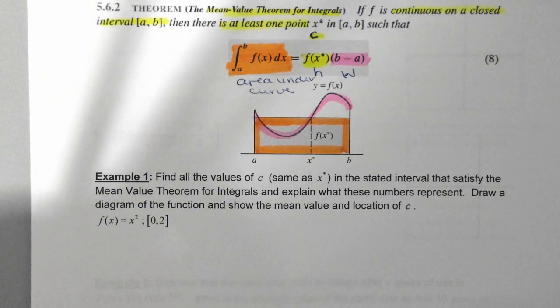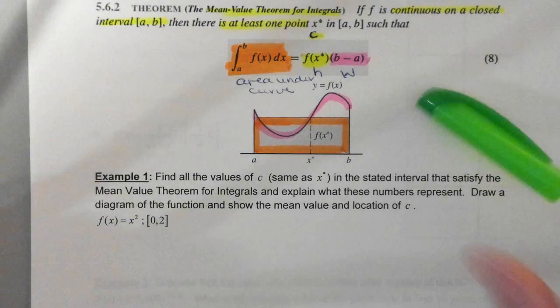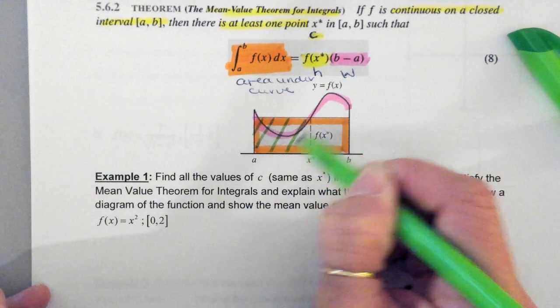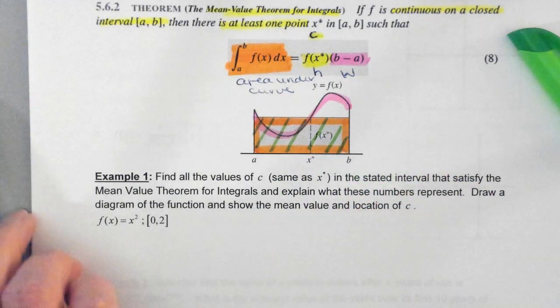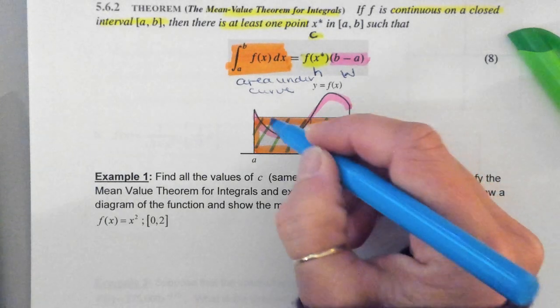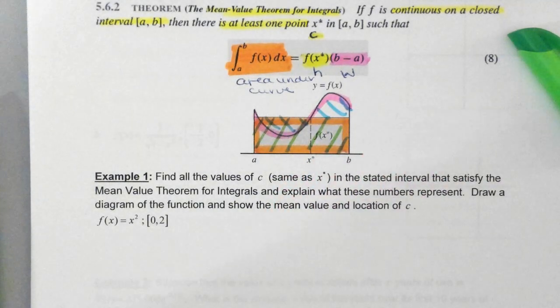Ideally, that's what we're looking at. Conceptually, this is what we're saying, is that we want this area right here as a rectangle to be represented by this, and they would be equal.